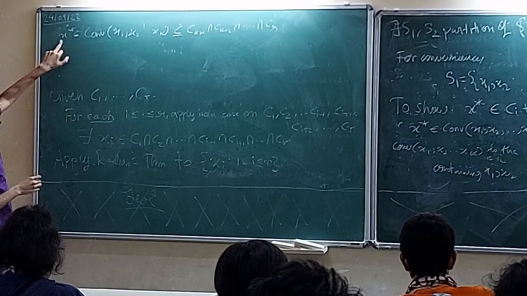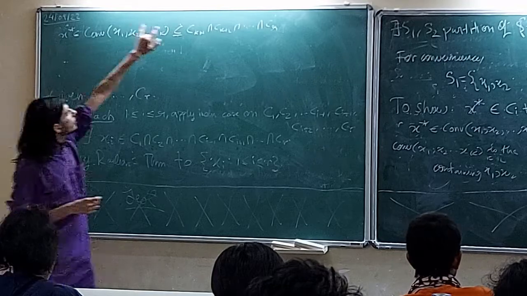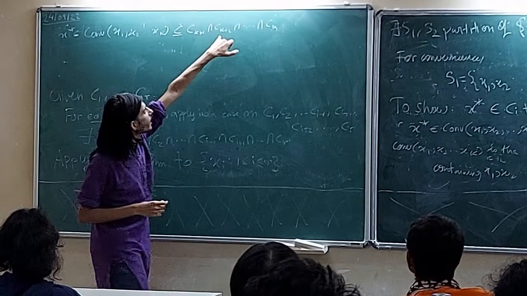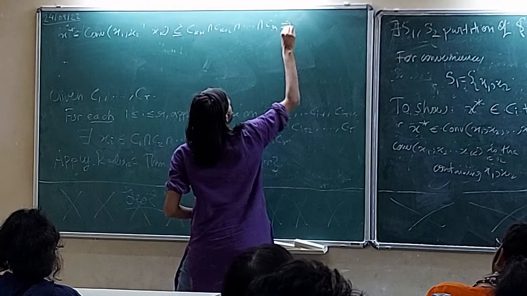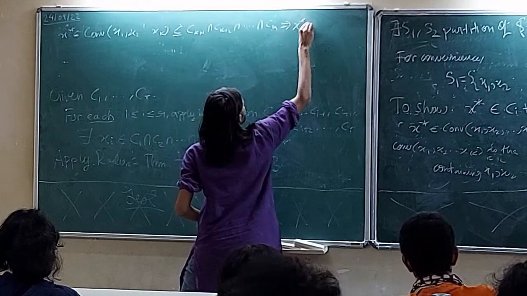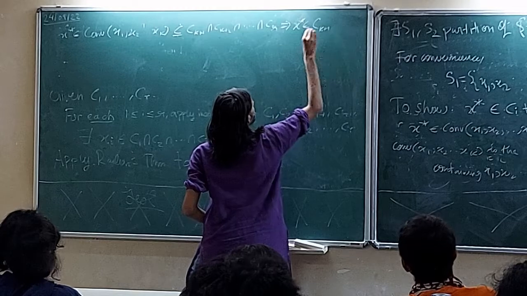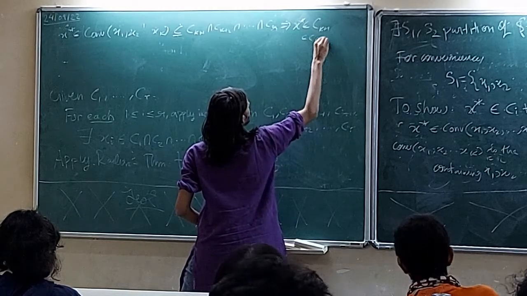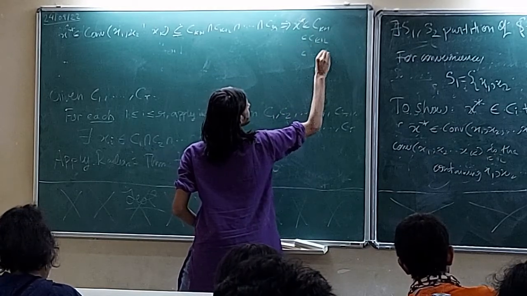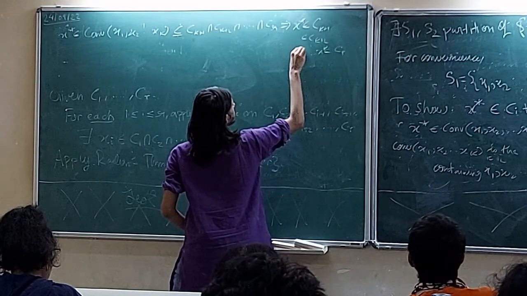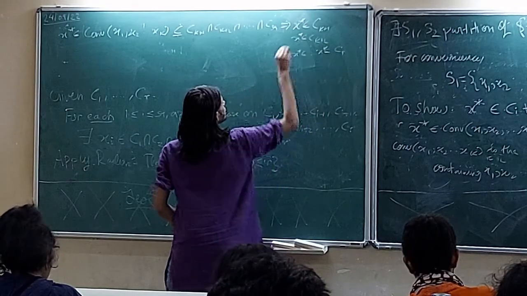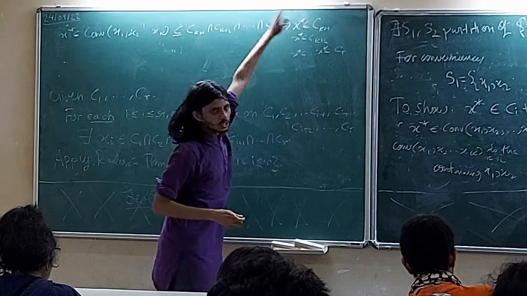So x star belongs to this one, belongs to ck plus 3, all the way up to cr. So that implies that x star is in ck plus 1, is in ck plus 2, up to is in cr. So x star belongs in all sets k plus 1 onwards.